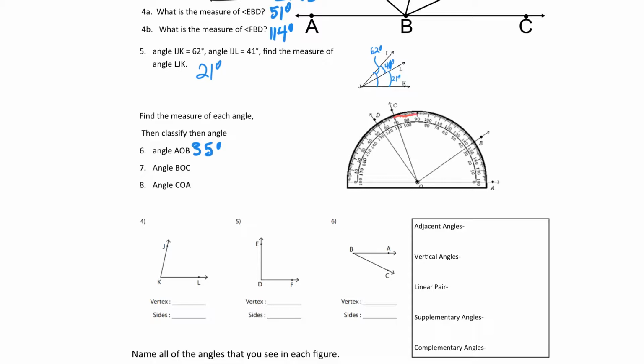You've got 10, 20, 30, 40, 50, 60, 75 degrees. And then angle COA is what? 110 degrees. Okay, so obviously this is acute, this is acute, this is obtuse.